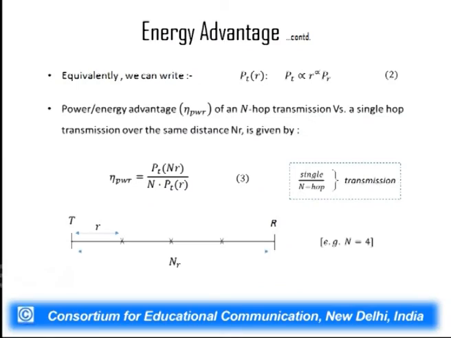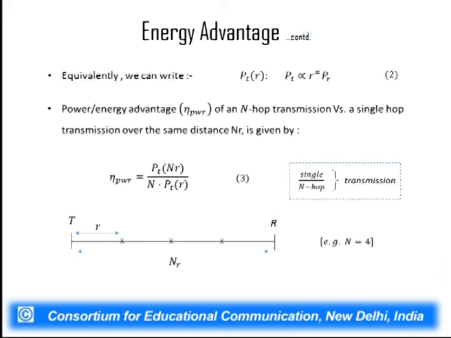Okay, since single hop, as we can see in the diagram here, means that we are traversing a distance of nr. So within PT, in the bracket as specified in equation 2, it's a small r. It shows the distance, and that is important, because depending upon the distance, the transmission power has to be set.